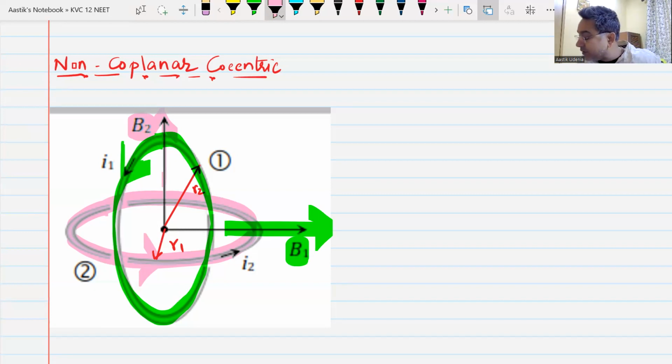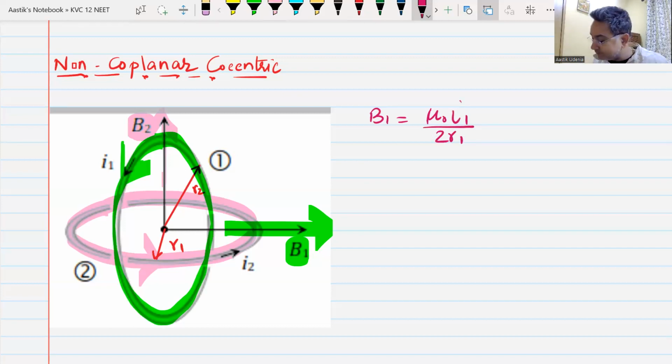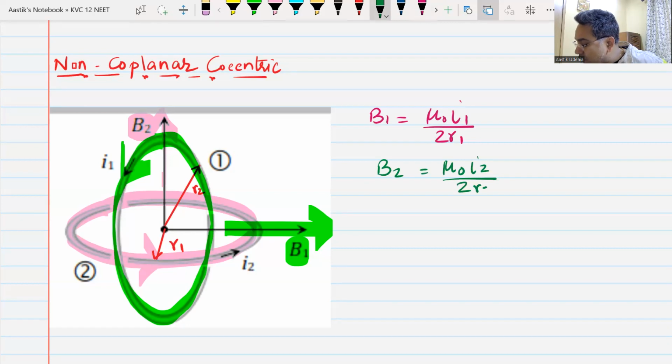So just remember the value of B1 is mu naught I1 by 2 R1. The value of B2 is mu naught I2 by 2R2. These two are perpendicular to each other.